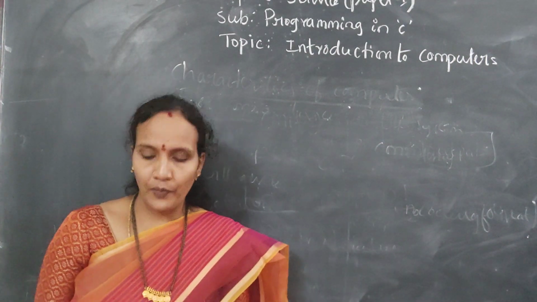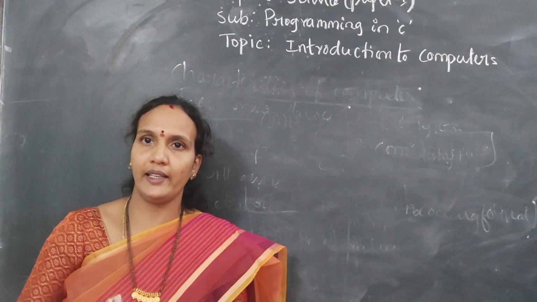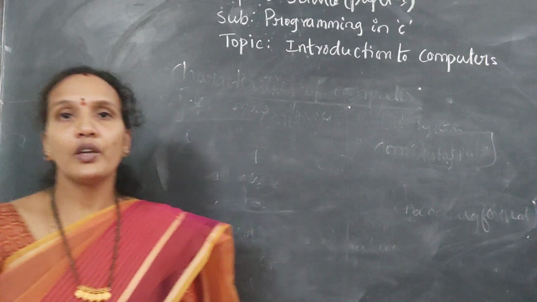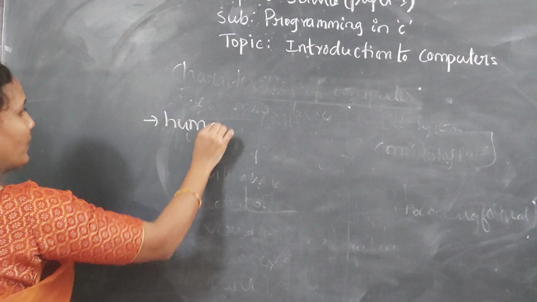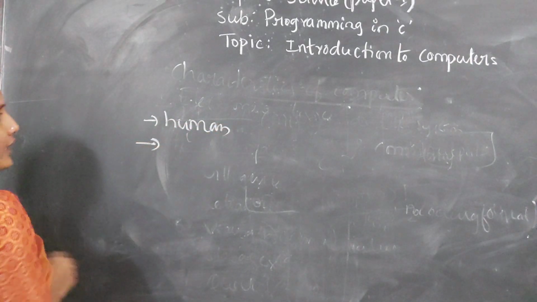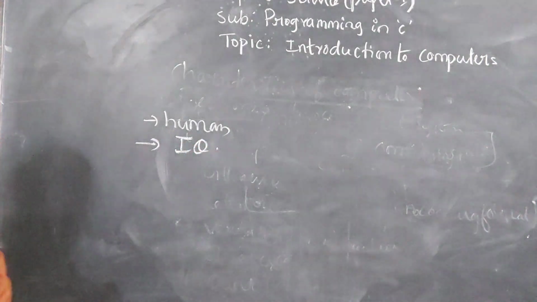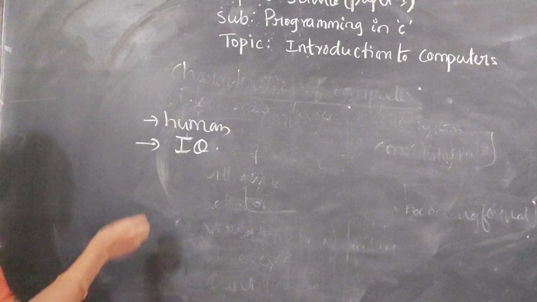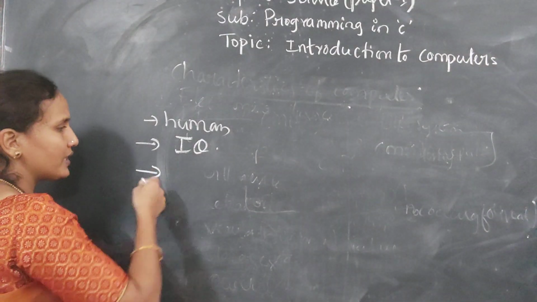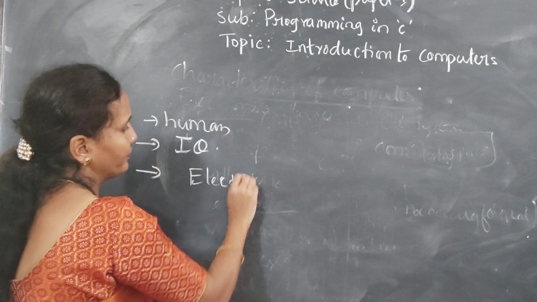Now when you come to the limitations, what limitations do we have? The first one is whatever the computer is doing, whatever it is calculating, is based on user instruction only, means it needs instructions from the human. And the second one is it does not have IQ, means how to calculate, what to calculate, it doesn't know. So that instruction is given by the user only. And next, it is completely dependent on electric power.